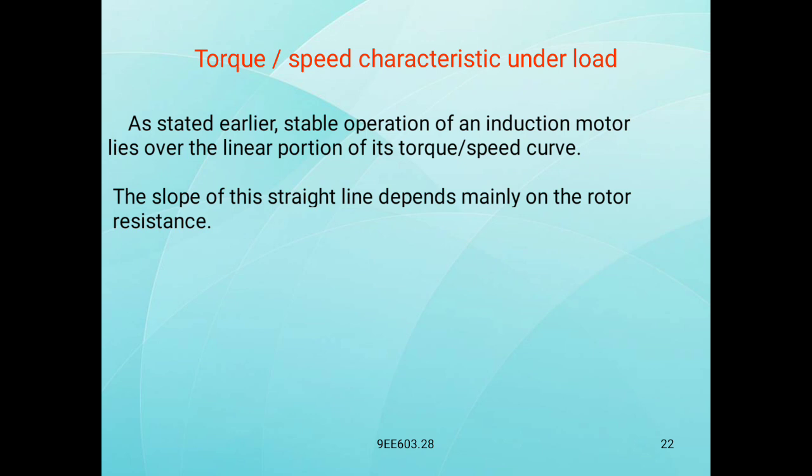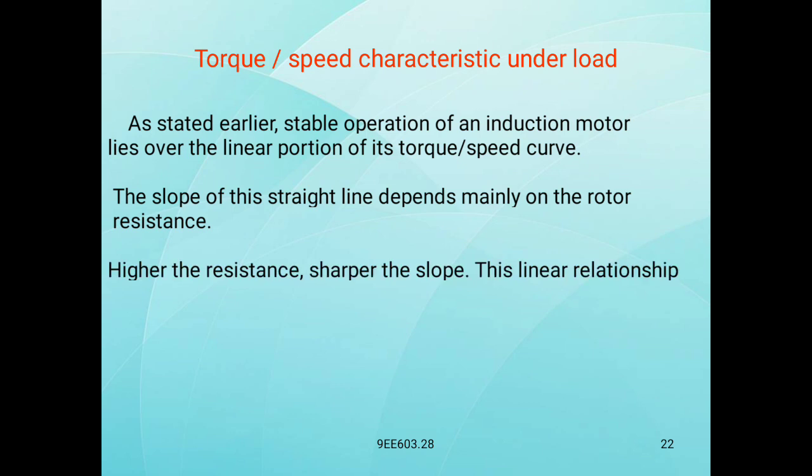As stated earlier, stable operation of an induction motor lies over the linear portion of its torque speed curve. The slope of this straight line depends mainly on the rotor resistance.